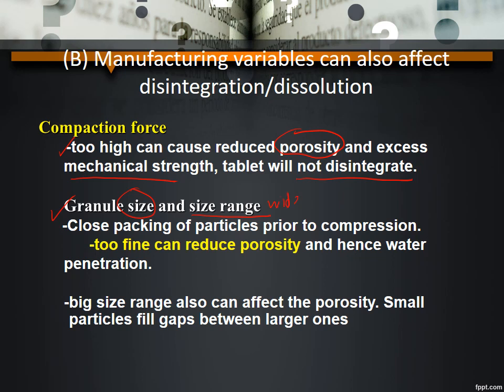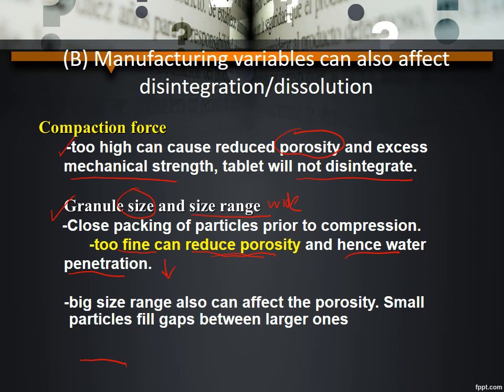For example, when the particle size is too fine, it can reduce the porosity. Before compression, they already reduce the porosity. After compression, you will further reduce the porosity, and hence the water penetration into the tablets is reduced.